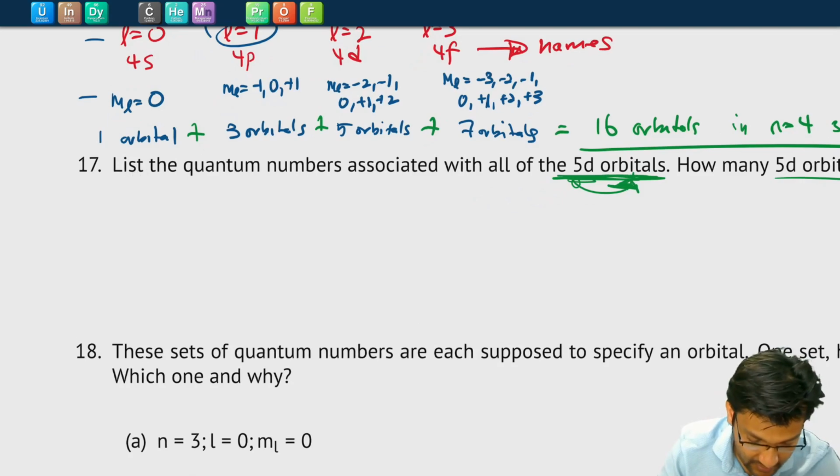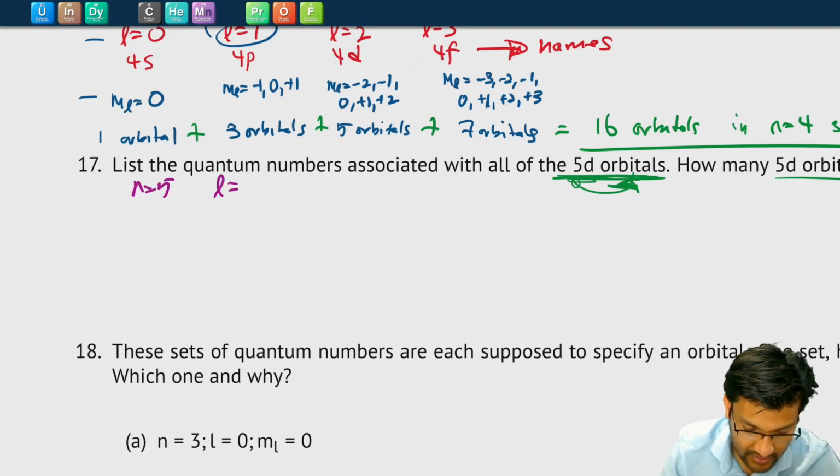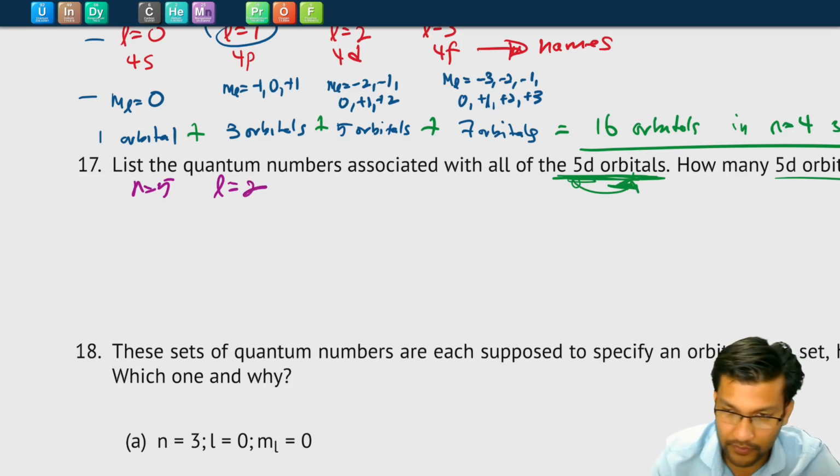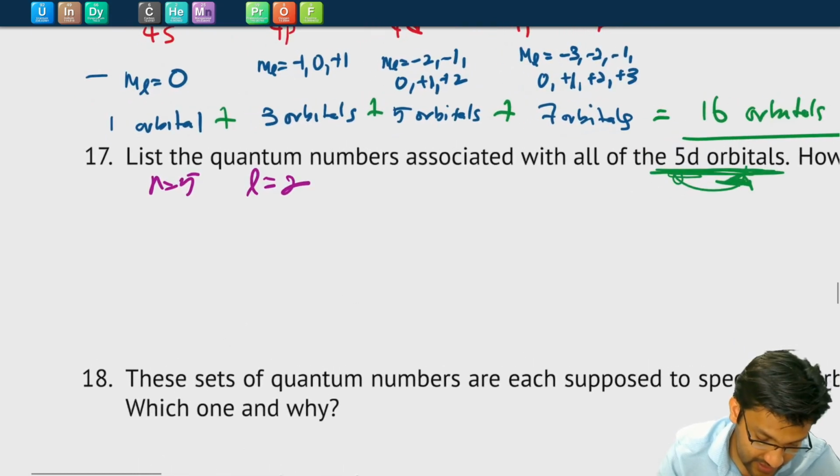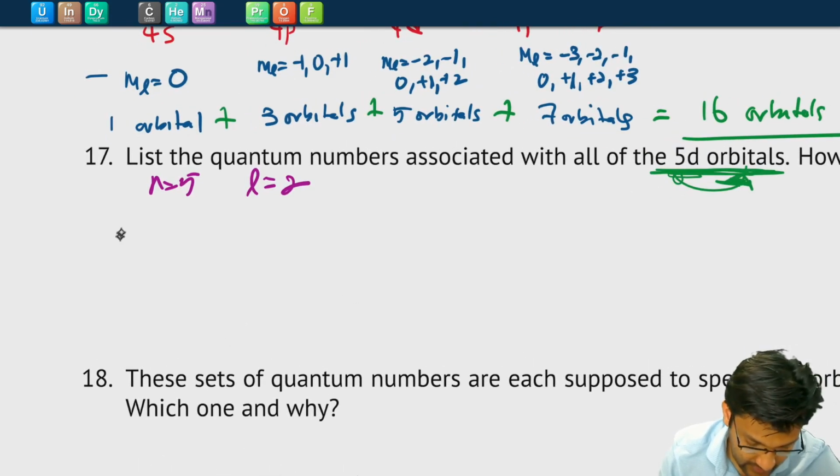So in 5D, N is 5, and L is SPD, 0, 1, 2, so L is 2. Right? Okay. So that means that the various ML values that we could have will be -2, -1, 0, +1, and +2. Right? So these are all the different ML values.